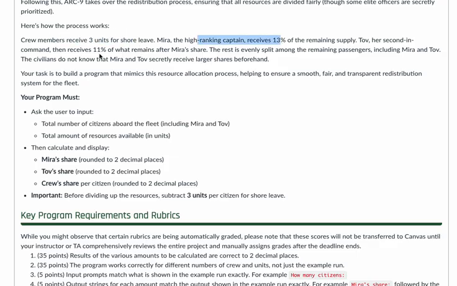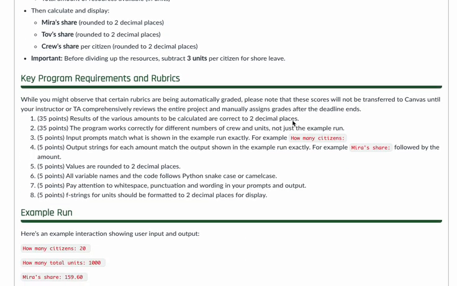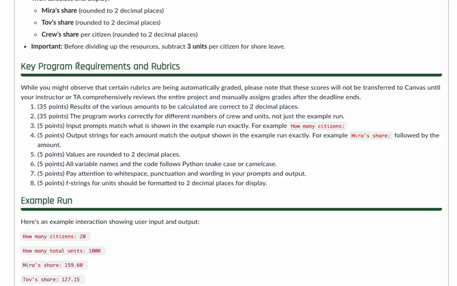Then they will get their cut. And finally, when it is divided evenly, they are included. So keep in mind, when you are calculating their share, you need to follow the instruction. Okay. Now the main important thing you need to remember, the key program requirement.